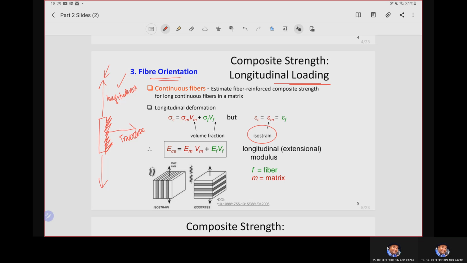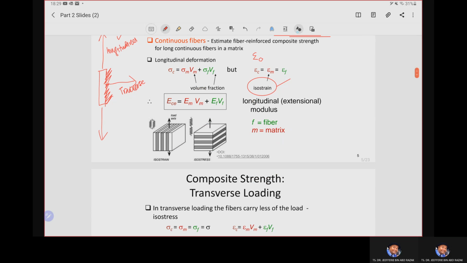When the composite deforms, both constituents also deform, where epsilon composite equals epsilon matrix equals epsilon fibers.